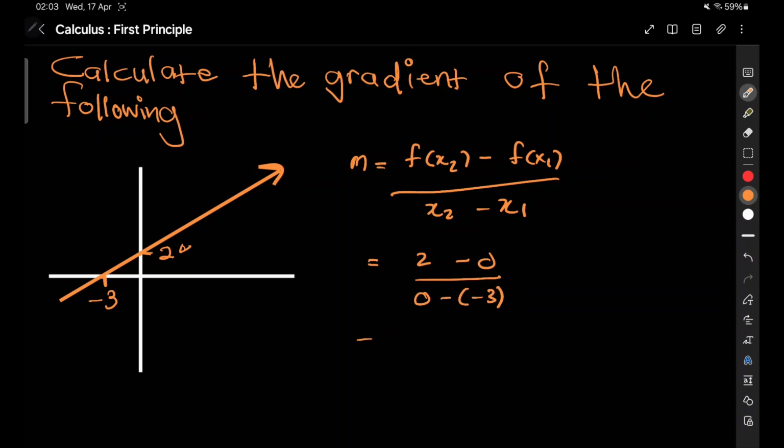If we clean this up, we're going to end up with 2 over 3. So the gradient of this line is 2 over 3. The main thing I want us to understand is that for us to be able to calculate the gradient of this line, we needed 2 points.